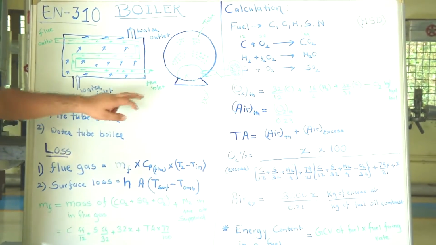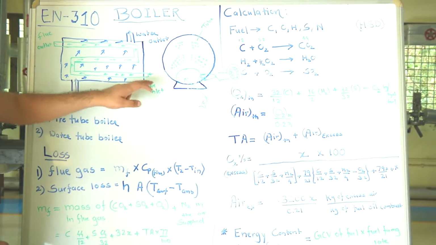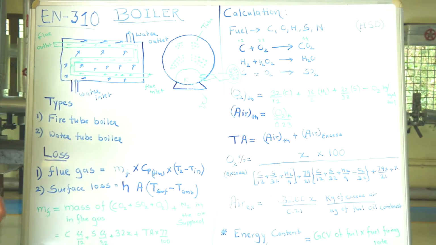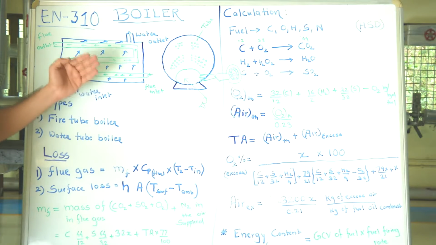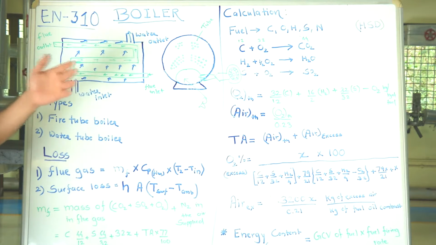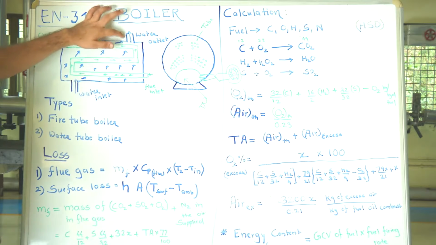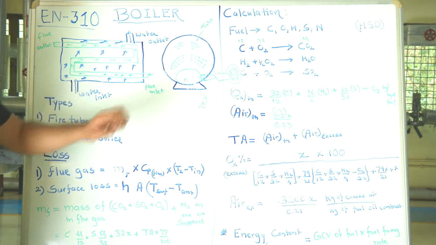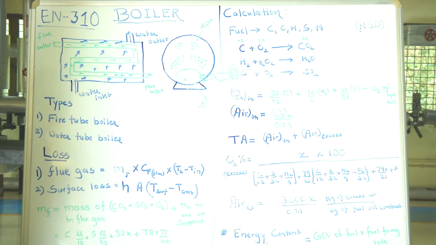High temperature flue gas will be flowing through this path, and water is at ambient temperature. If you pass this water in this shell, then heat transfer from the high temperature to the lower temperature will occur. So the water temperature will increase, and the water outlet will be at a higher temperature.